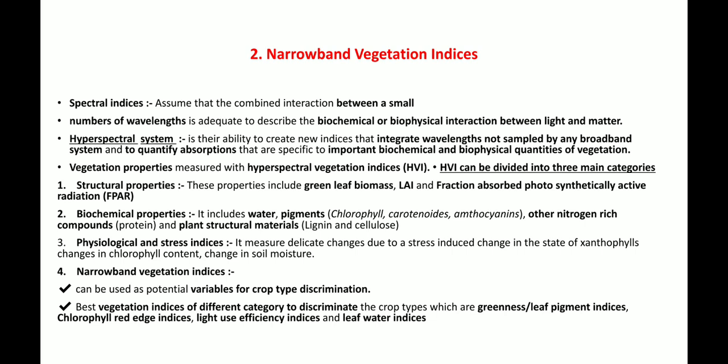These properties include the green leaf biomass, leaf area index, and the fraction of photosynthetically active radiation, that is FPAR, which will be considered to characterize the differentiation of the crops according to their vegetation properties, that is green leaf biomass quantity and leaf area index.